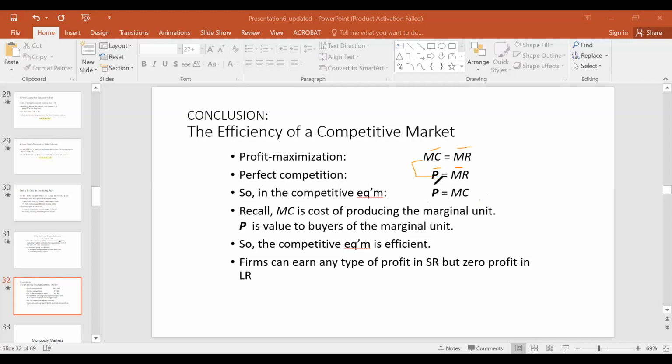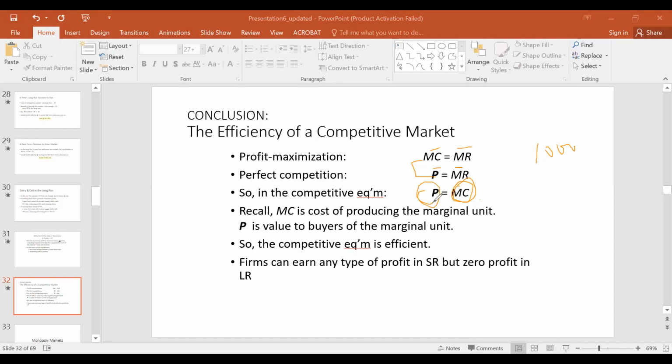What is price? Price is how it signals the value of the good. How much you pay for a good tells us how much it costs the seller. If a laptop is 1,000 cedis, it reflects the cost to the manufacturer. If you buy it for 1,000, it reflects how much you also value it. So the additional cost of producing output, marginal cost, is equal to how much society values the good.